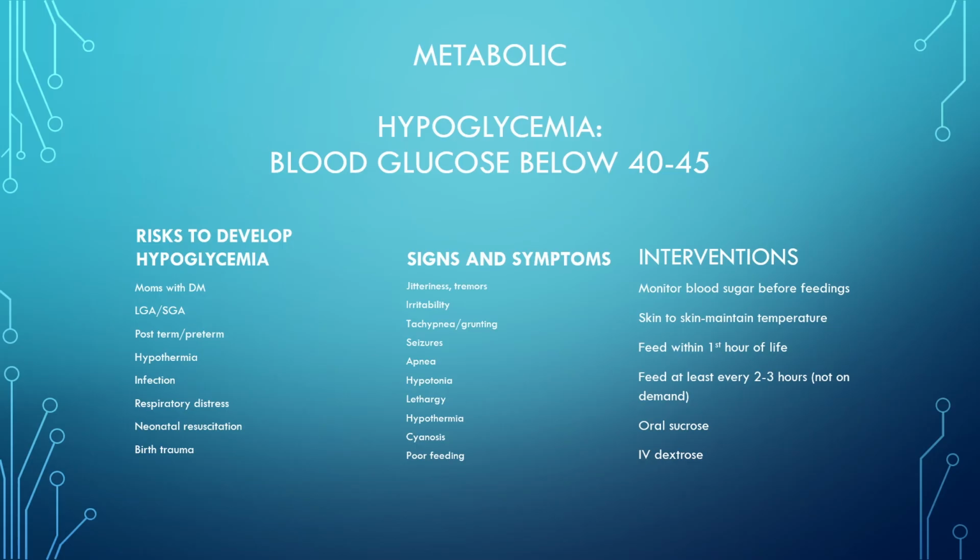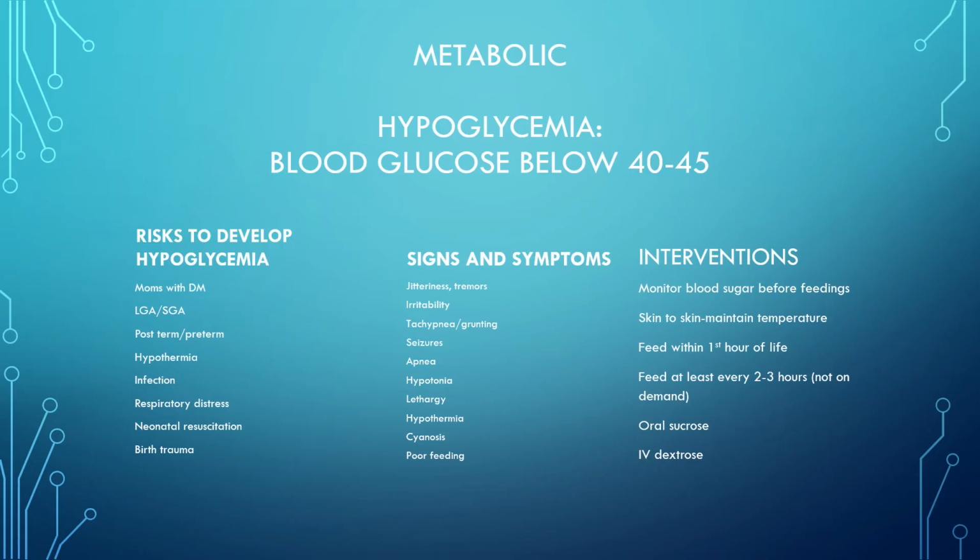So we're not worried about a baby being born to a mom with diabetes. We're not worried that the baby's going to be diabetic and have high blood sugars at all. We're worried about its blood sugars tanking. Other risks to develop hypoglycemia: a really big baby or a really small baby, a preterm or postterm. Here comes that hypothermia.